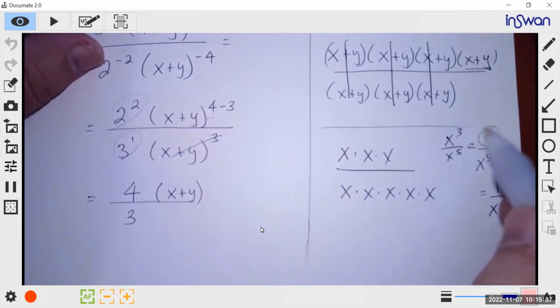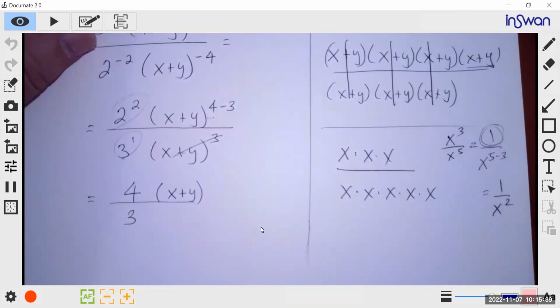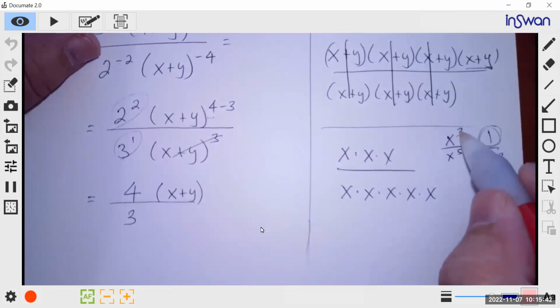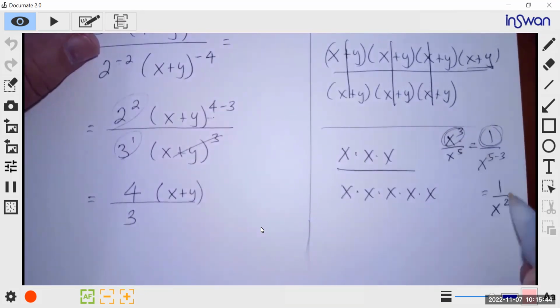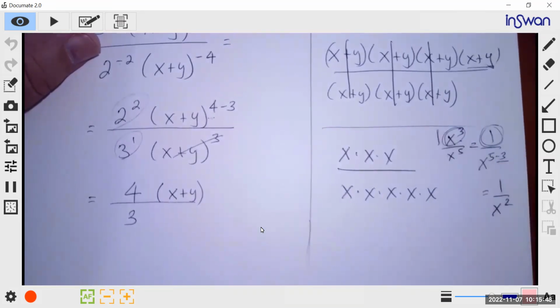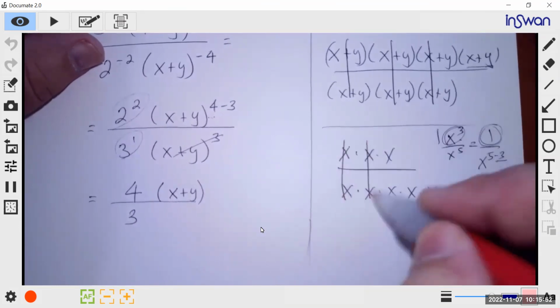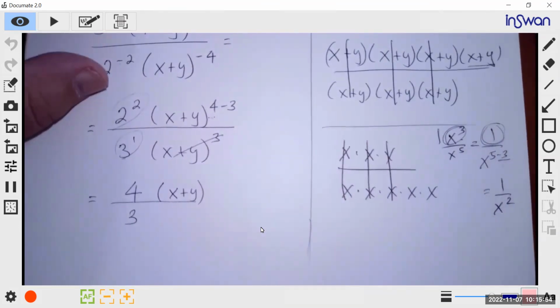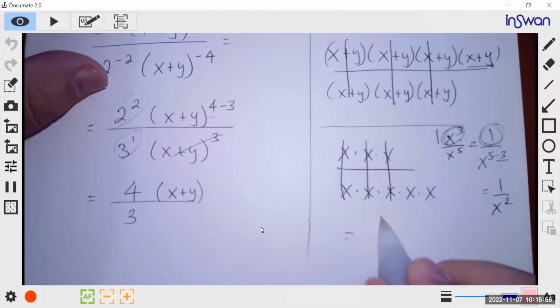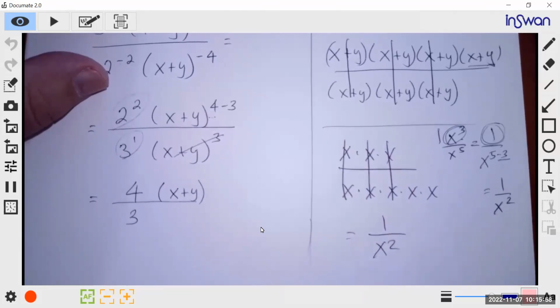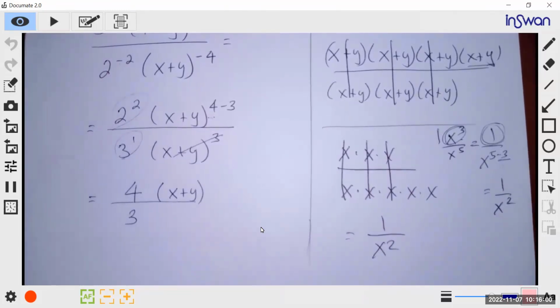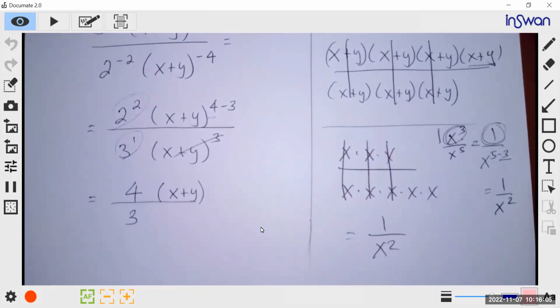Why do I put a 1 here? Because I took these 3 and put them down here. So I took that away, so there's 1 up here, right? So as I subtract, I just remove those. There's a 1 on top. There's 2 more x's on the bottom. So whenever you have the same terms top and bottom, just subtract the exponents.